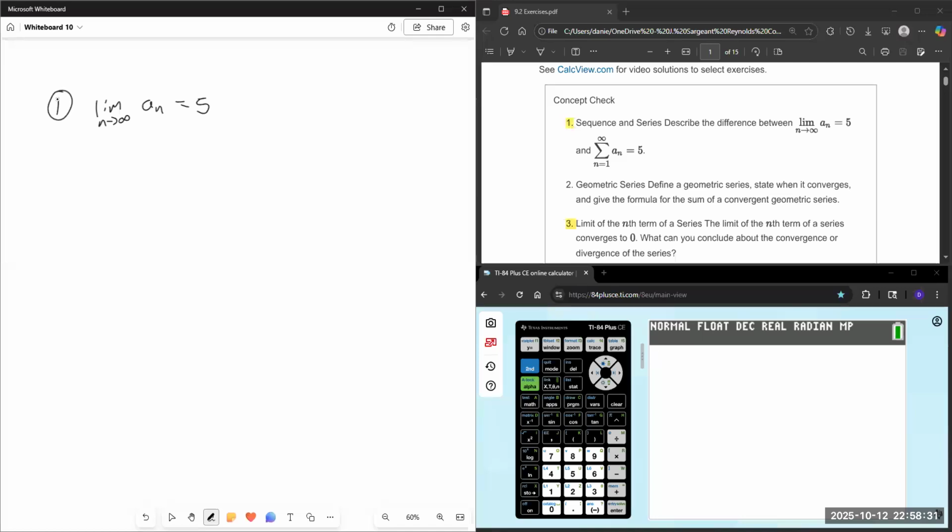This would mean that the nth term of the series, now that we're talking about series, equals 5, or it could mean that the limit of the sequence a sub n equals 5.